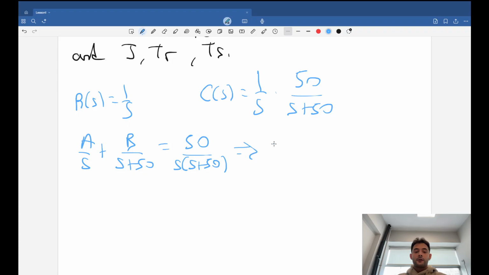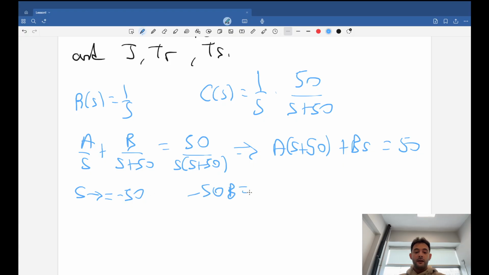So a times s plus 50 plus b times s is going to be 50, because I equated the denominators. Now numerators would match. For s equals minus 50, I will have minus 50b equals 50, so b is minus 1. When s is 0, I will have 50a equals 50, and my a is 1.